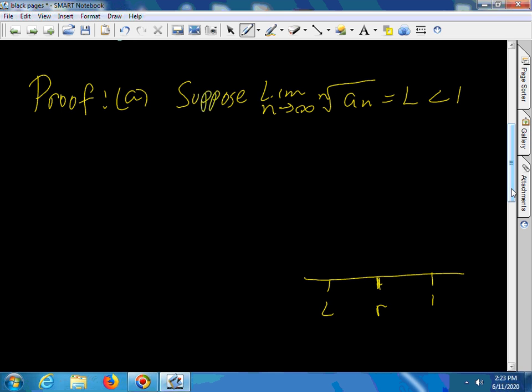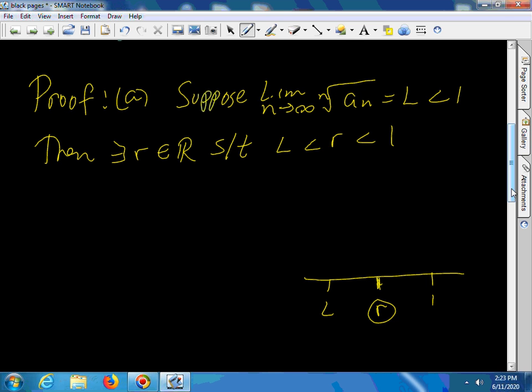One is (L plus 1) all over 2, the middle of them. So there definitely does exist an R in between. Then there exists an R in the real numbers such that R is jammed between L and 1.